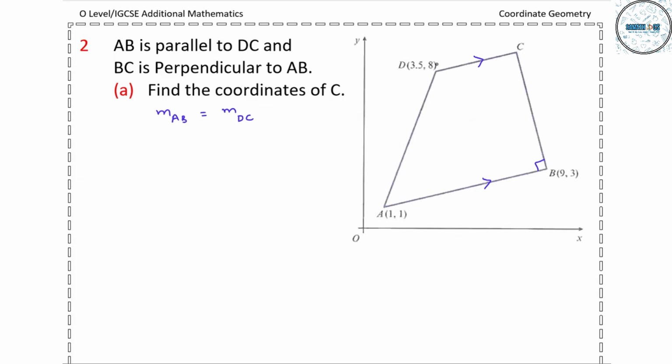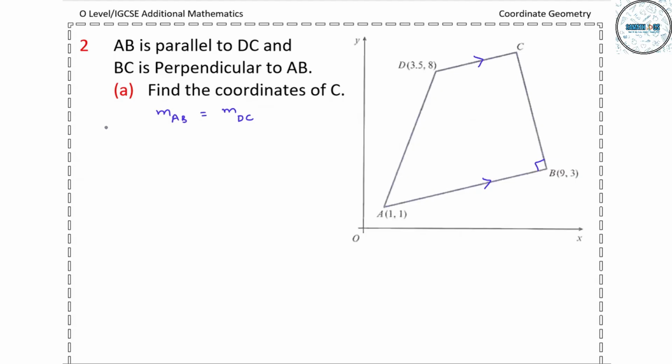We have coordinates 3.5, 8. We can take out the gradient of BC, which is the negative reciprocal of the gradient of AB. We have the coordinates of B, which will help us in finding the equation of BC.